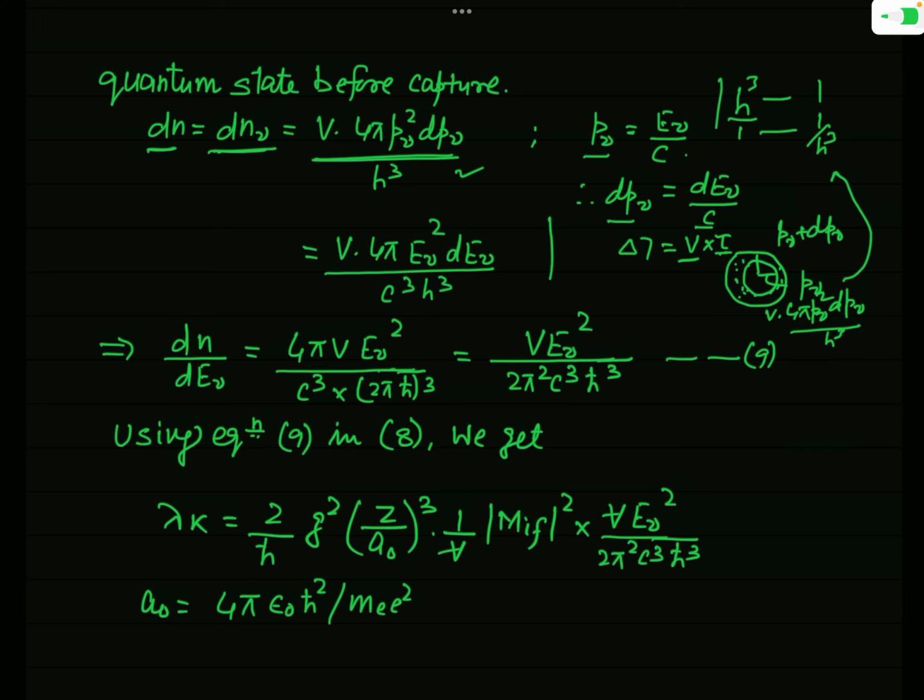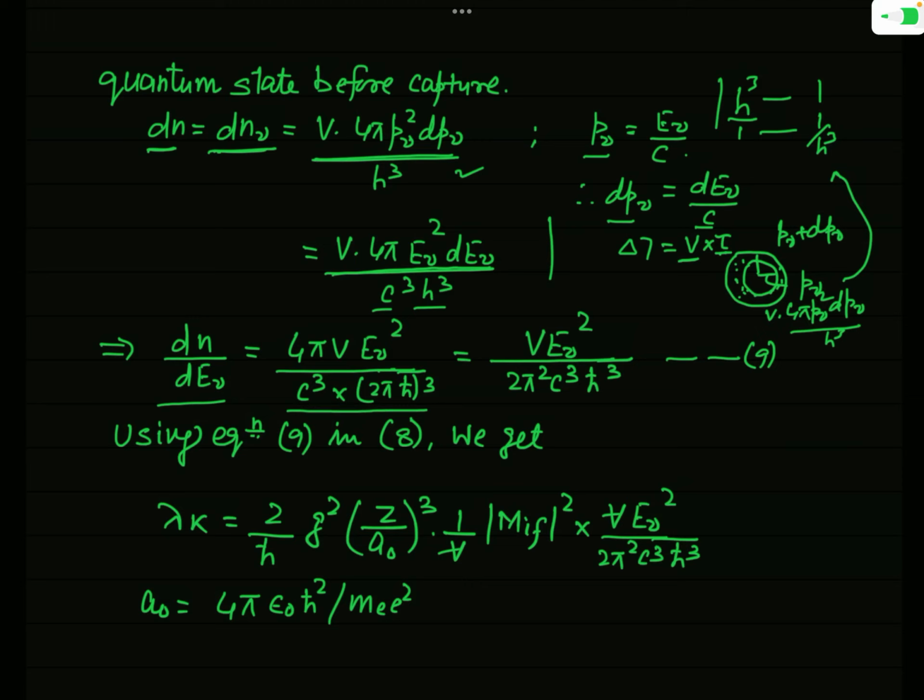After making this substitution, what will be your result? This will be V into 4 pi E nu square dE nu divided by c cube times h cube. And therefore you can find that dN by dE nu will be equal to 4 pi V E nu square over c cube times h cube. Instead of h, I have written here 2 pi h bar, so this is 2 pi h bar whole cube.